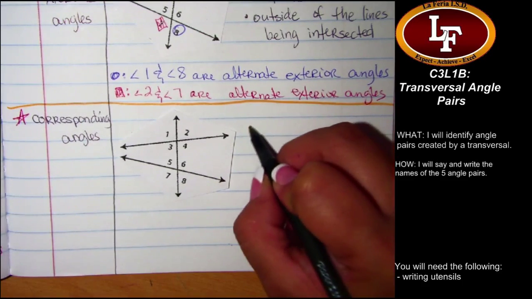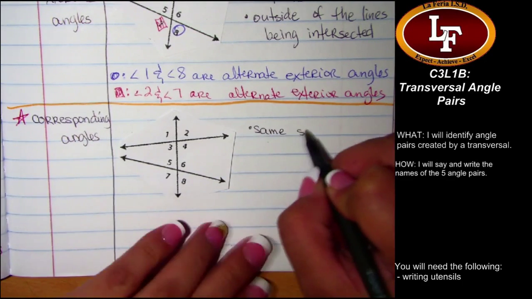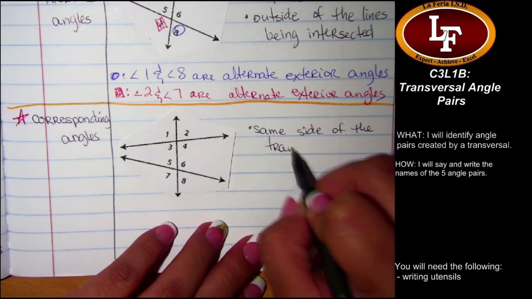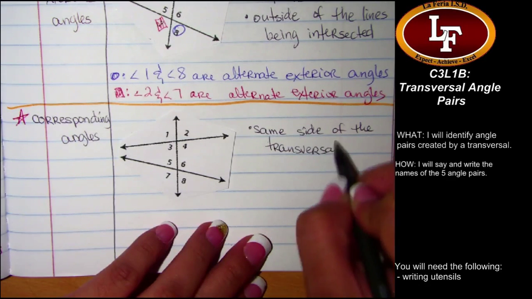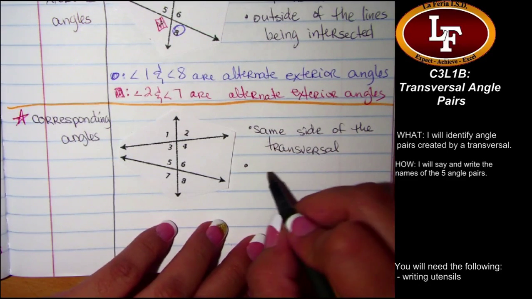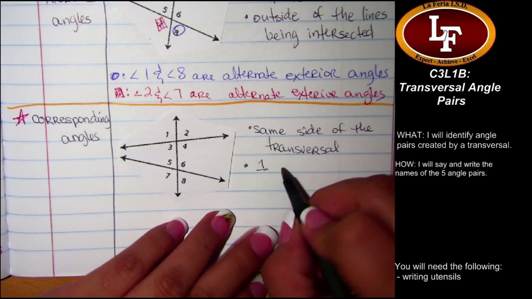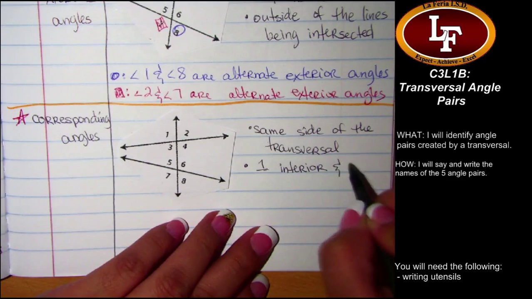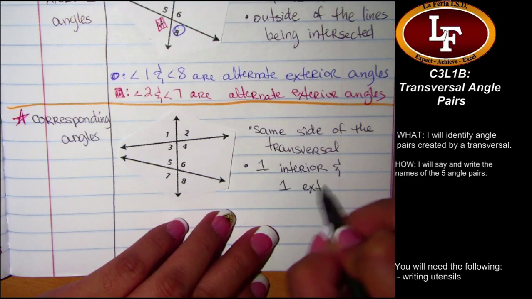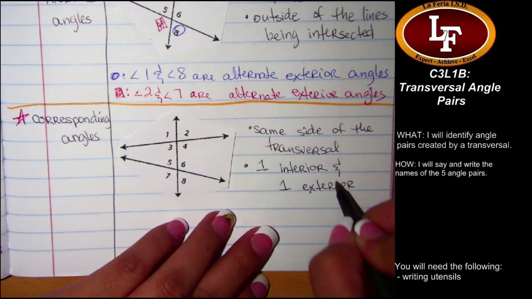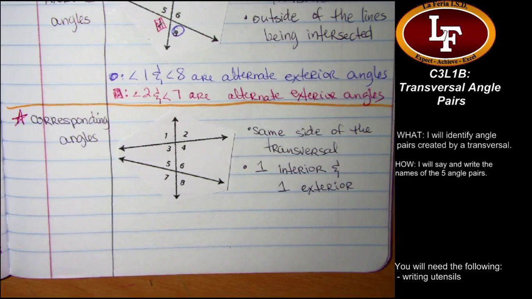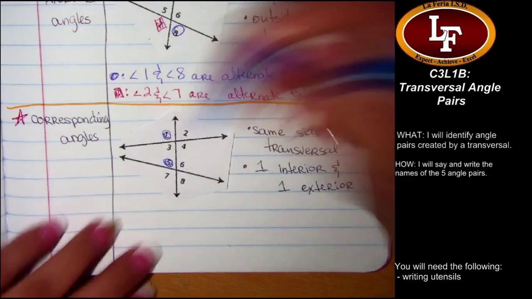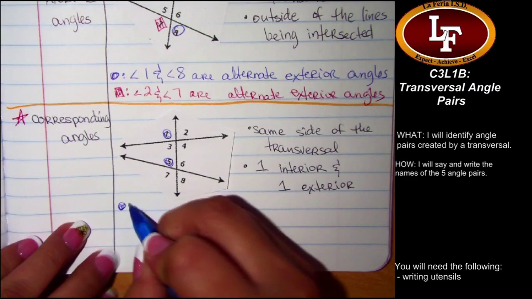These corresponding angles are going to be on the same side of the transversal as each other. But unlike the interior and the exterior, they're going to be in different locations. One of them is going to be an interior angle, and the other one is going to be an exterior angle. 1 and 5 is an example of one such pair of corresponding angles.